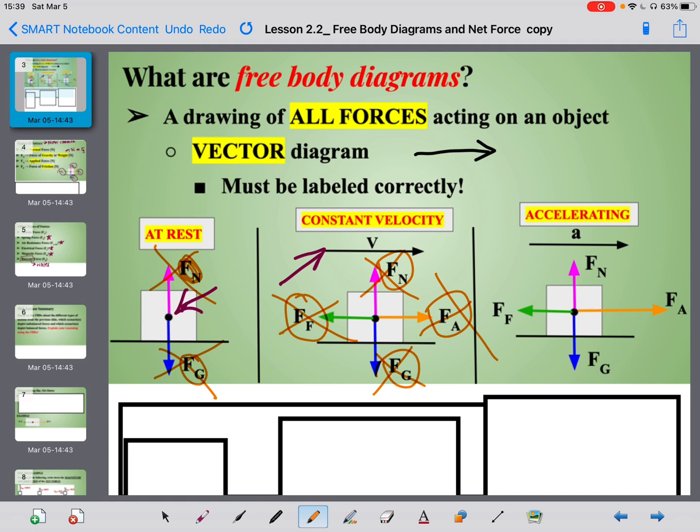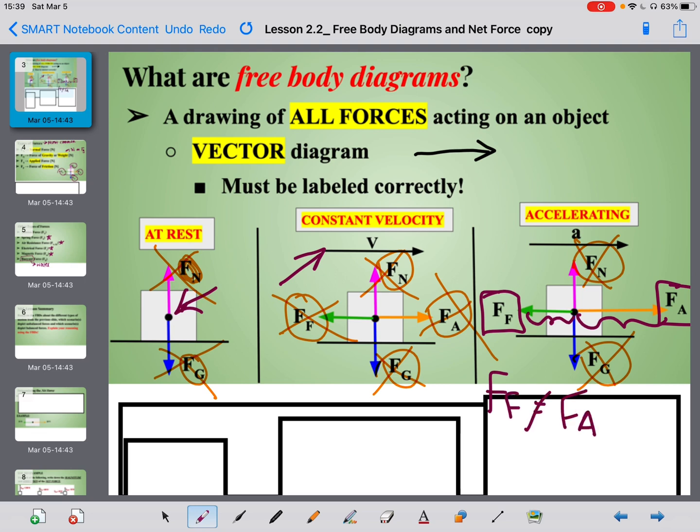However, if you look at acceleration, F of G cancels out with F of N as normal, great. But if you notice here, we have FF and FA. FA is clearly a lot longer than FF, which means that FF does not equal FA, and therefore you have an unbalanced force going on here. All these other ones are considered balanced.